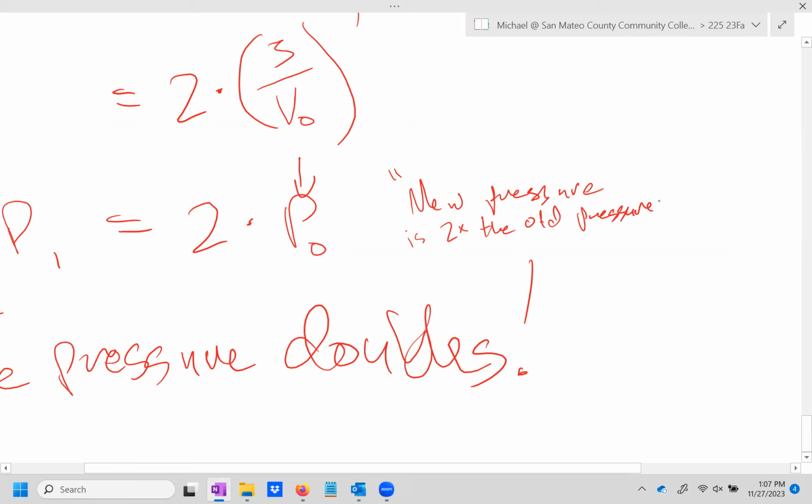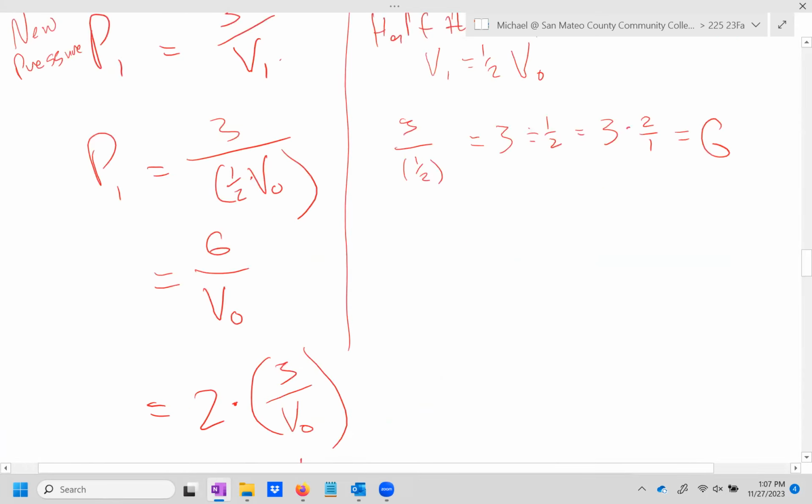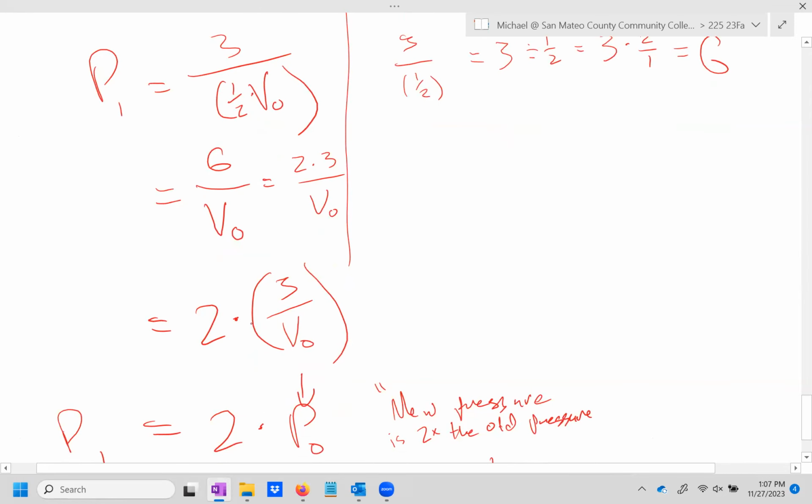I did 2 times 6. Okay. So here, this 6 is really 2 times 3 over V0, right? So all I did was factor out the 2. Yeah, because I had 1/2 in the denominator.